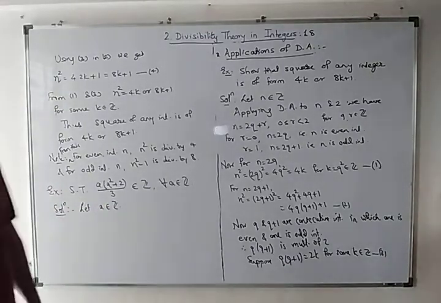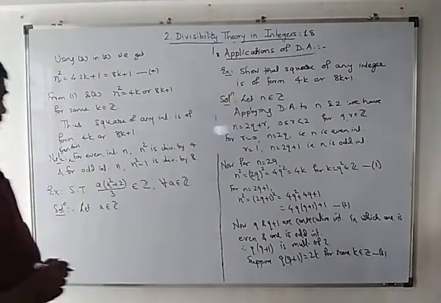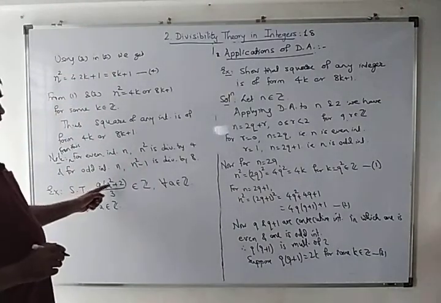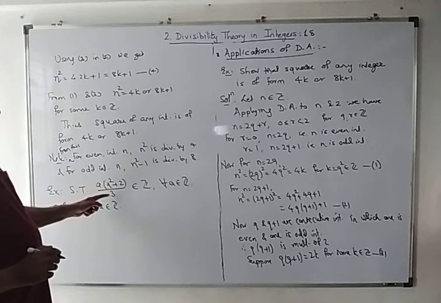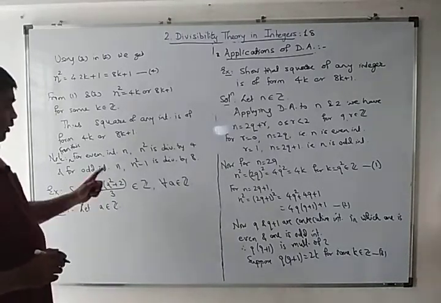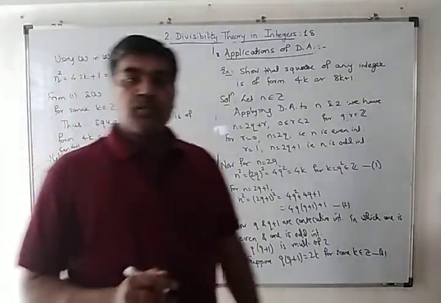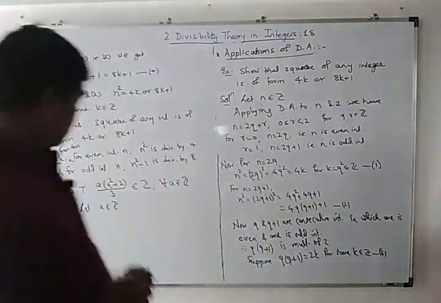There is no restriction on the choice of a. As I have to show that a(a square plus 2) upon 3 is an integer, it means 3 must divide a(a square plus 2). A(a square plus 2) must be a multiple of 3. That is our aim.